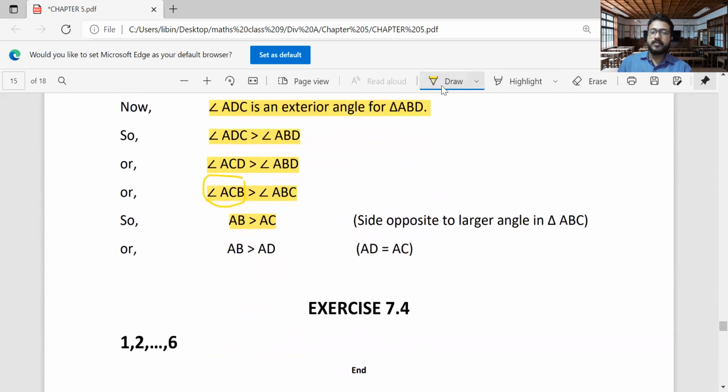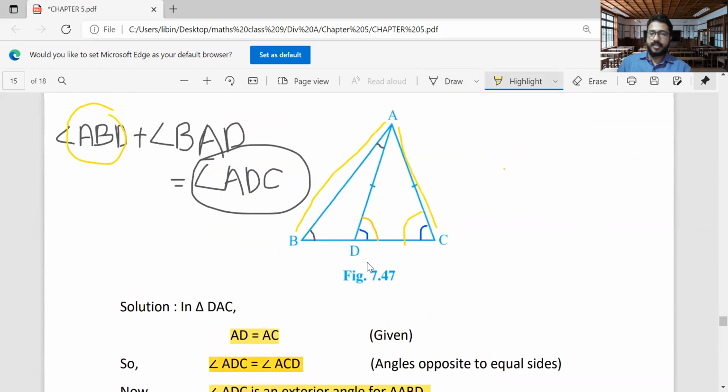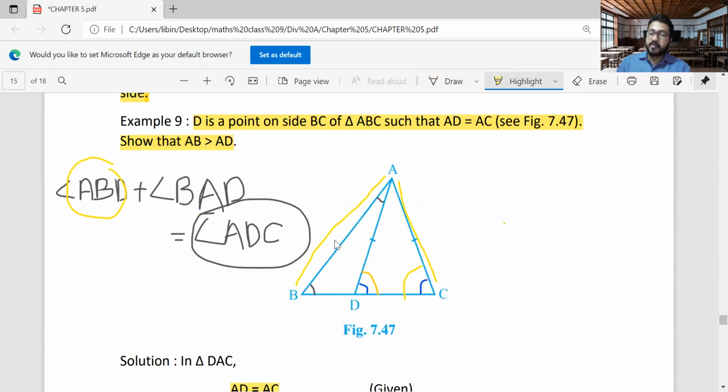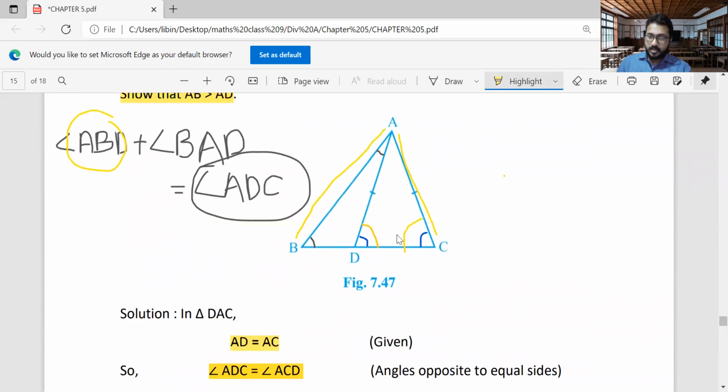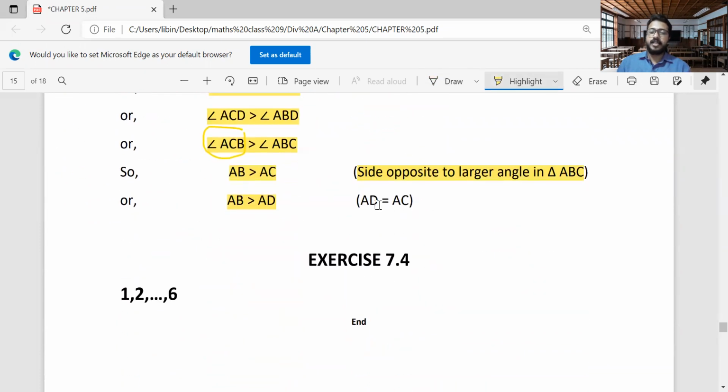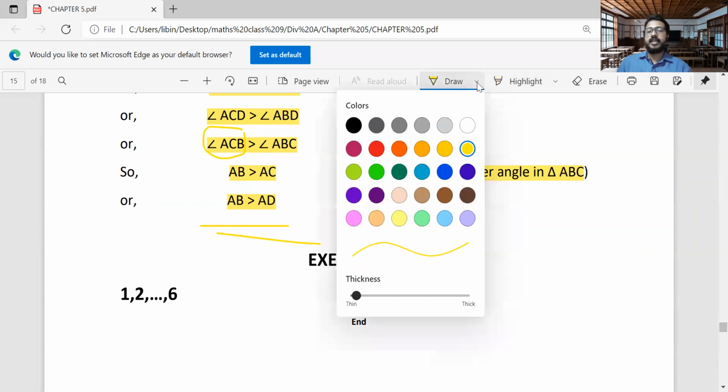The side opposite to the larger angle is larger, and as a result, clearly AB is greater than AD. How are we saying AB is greater than AD? Because AC is equal to AD, that is given to us. Thus we have proved that AB is greater than AD.